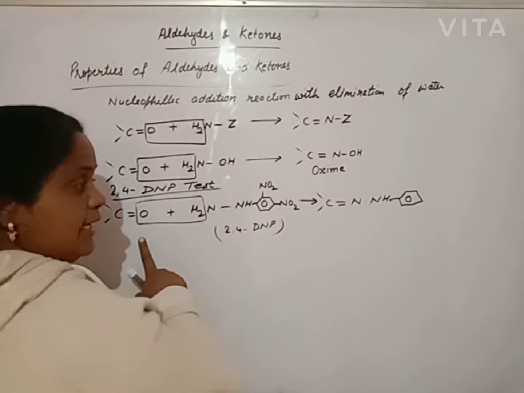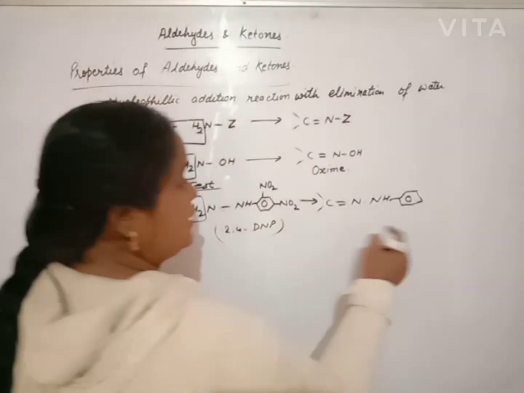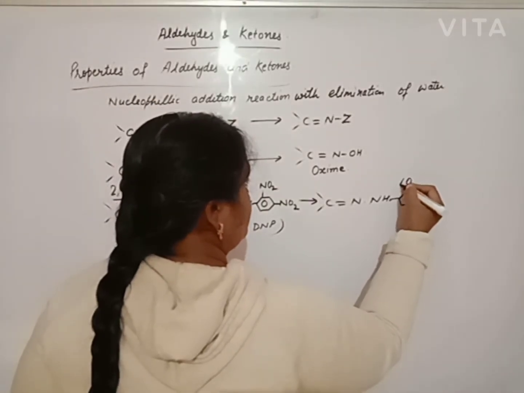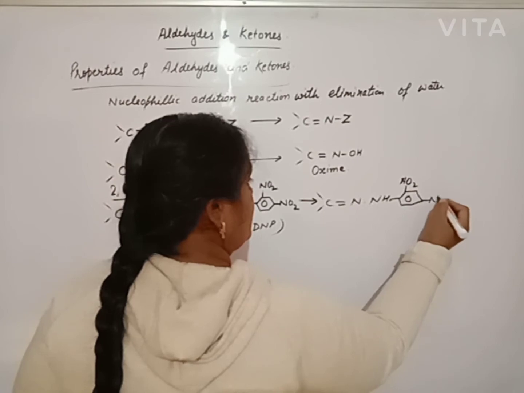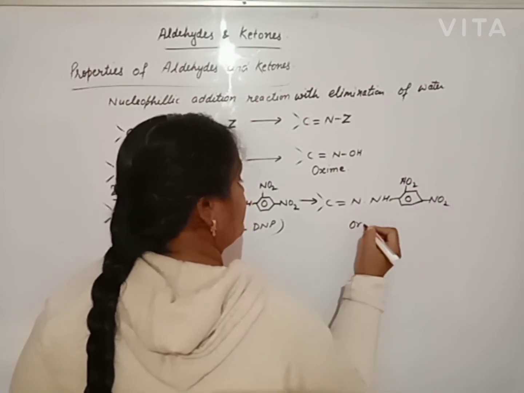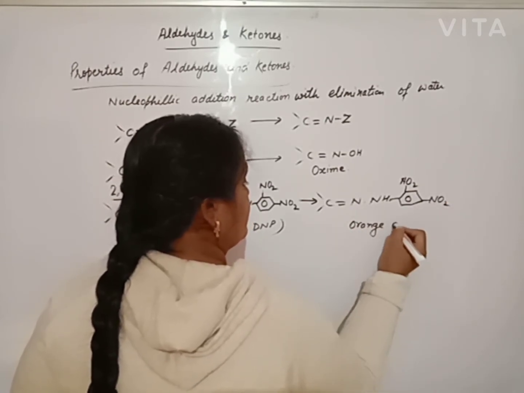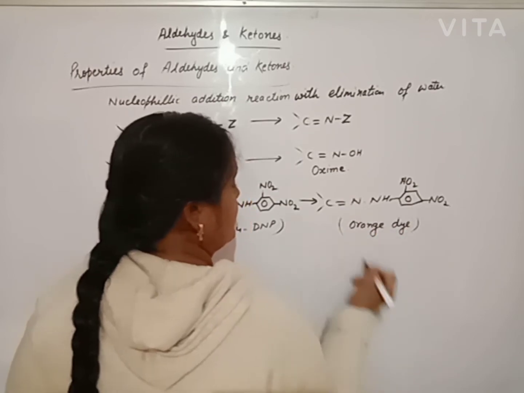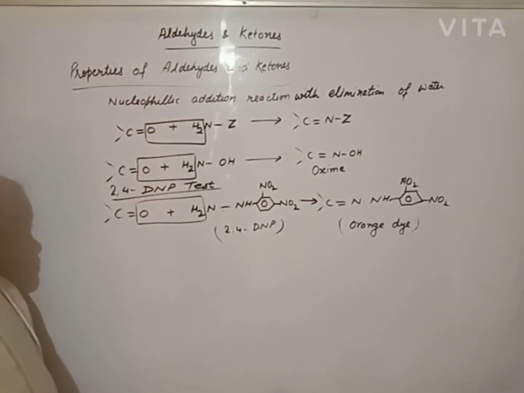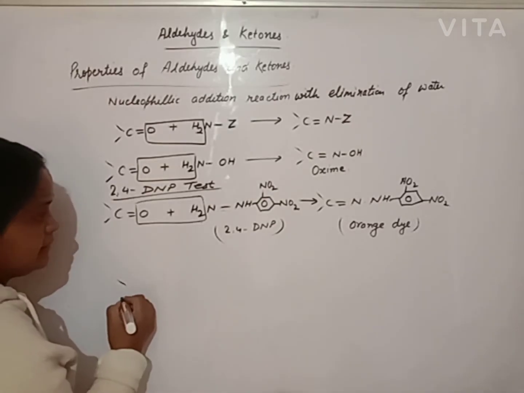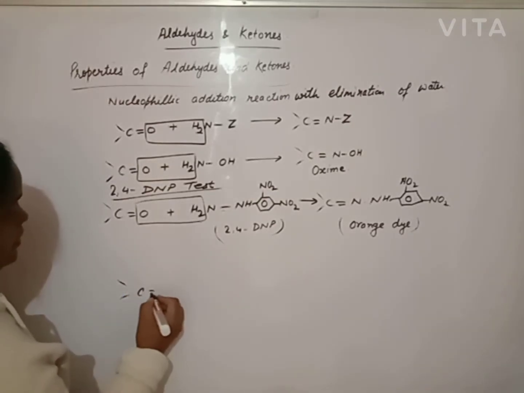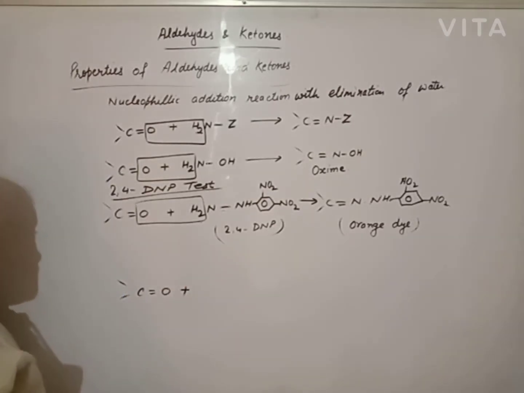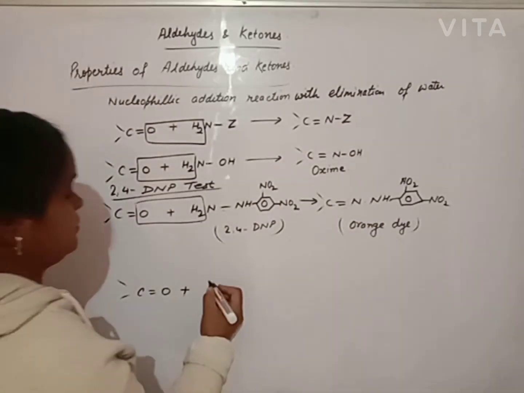When it reacts with either aldehyde or ketone, it will give an orange dye as the product. If the orange dye is formed, the 2,4-DNP test is positive. This means the compound contains aldehyde or ketone; the carbonyl group is present. One more reaction: either aldehyde or ketone reacts with semicarbazide.